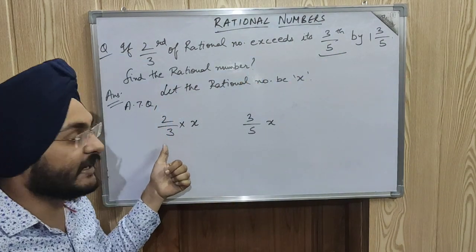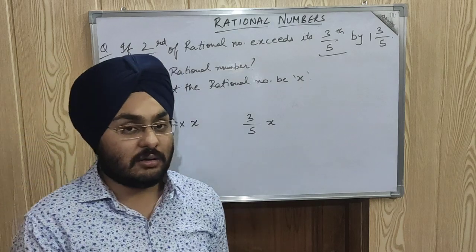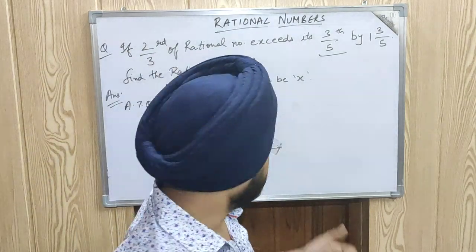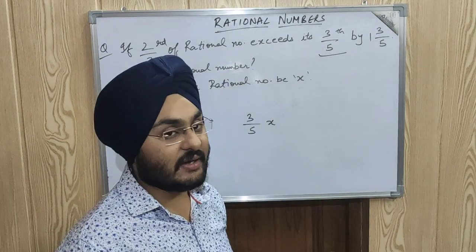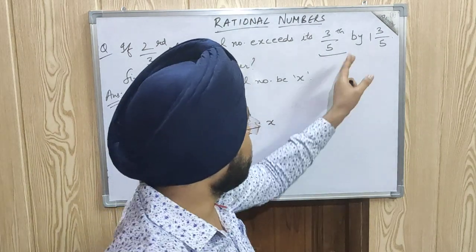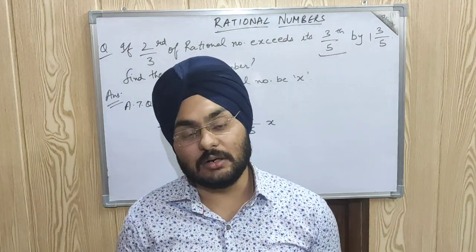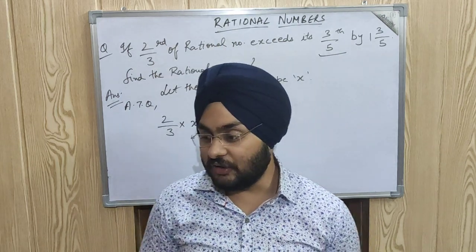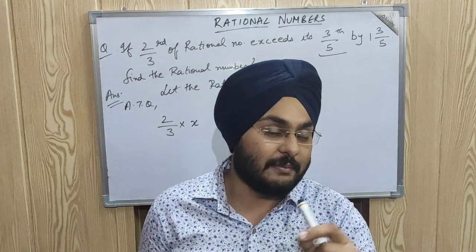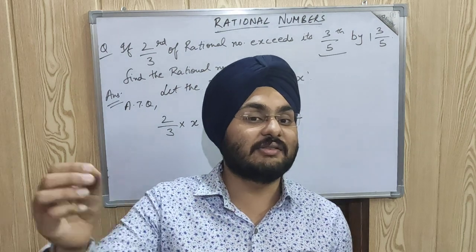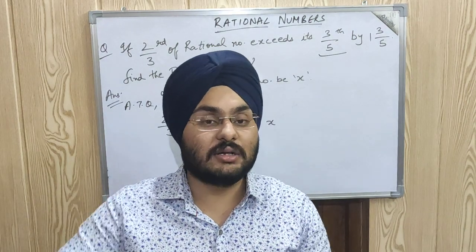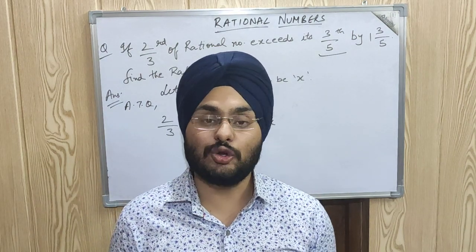It means this 2 by 3x is a bigger number than 3 by 5x. How much bigger? By 1/3 by 5. If I take an example, if I say 5 is greater than 3 by what? You will say, sir, 2.